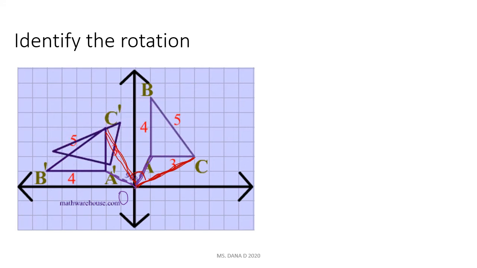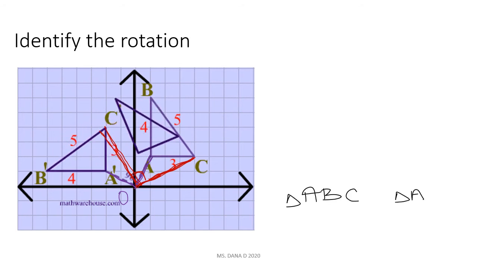Now what do you notice in this figure? You notice that CO is equal to OC prime, right? As I have said before. If I'm moving with the same distance, what can I say about the triangles ABC and A prime B prime C prime? So I have triangle ABC and triangle A prime B prime C prime.